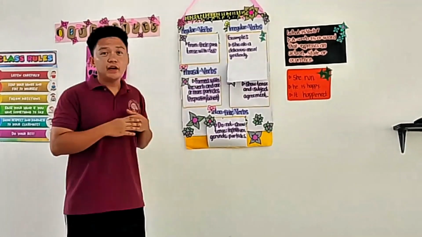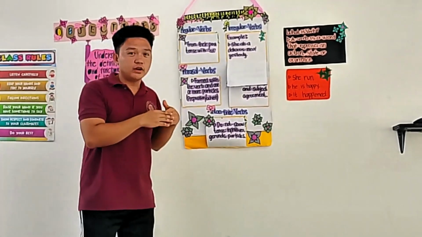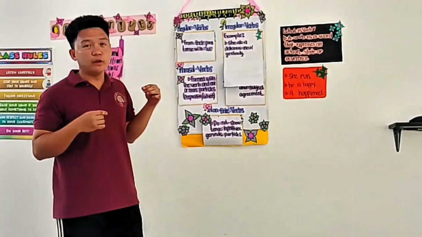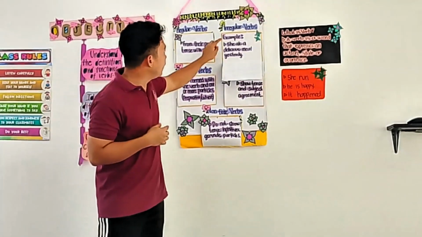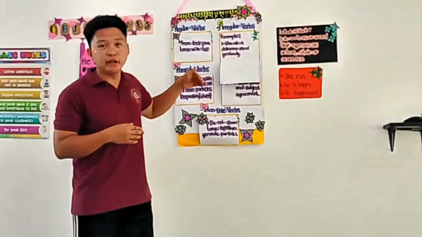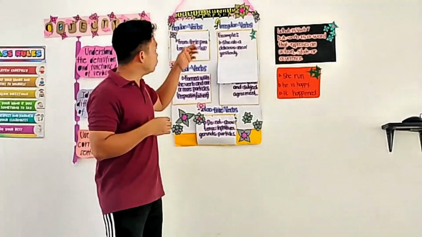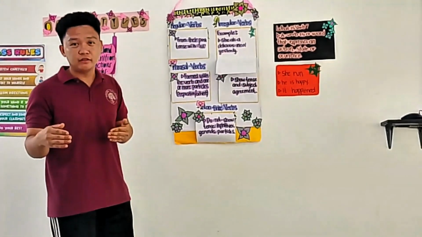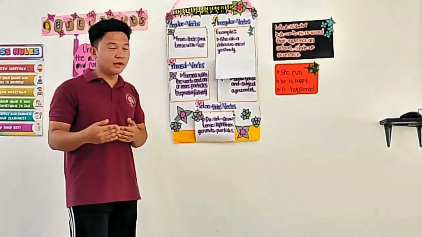As you can see, they use a word in another form without an -ed. So the irregular verb is eat. The subject is she. So do you understand? Okay, thank you so much.